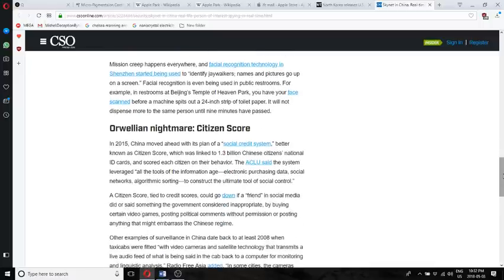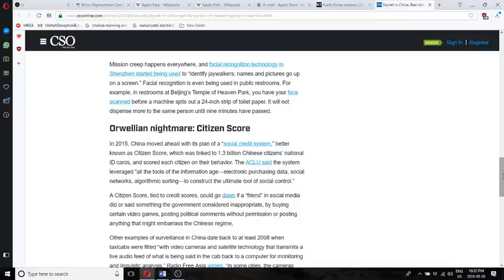In 2015, China moved ahead with its plan of a social credit system, better known as Citizen Score. That sounds so much better than social credit system, which was linked to 1.3 billion Chinese citizens' national ID cards and scored each citizen on their behavior. The ACLU said the system leveraged all the tools of the information age, electronic purchasing data, social networks, algorithm sorting, to construct the ultimate tool of social control.